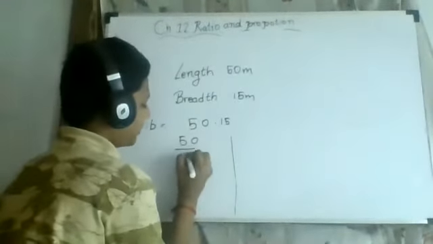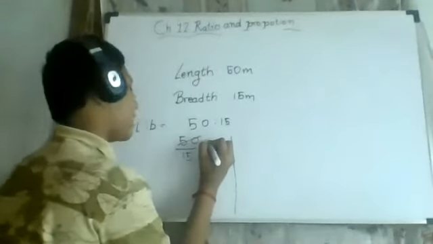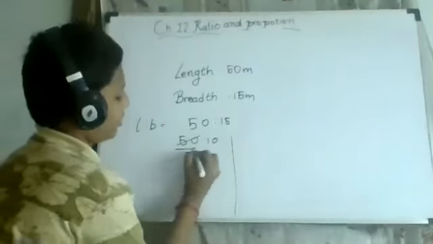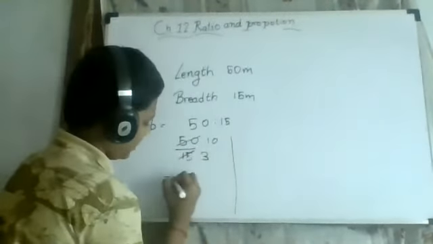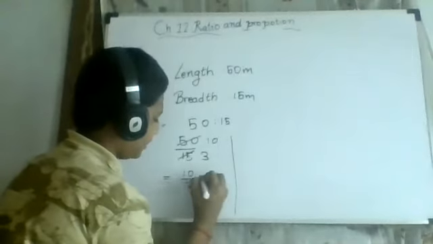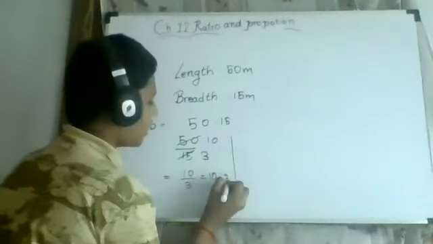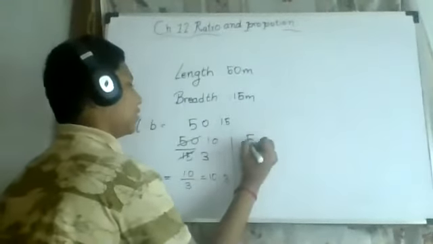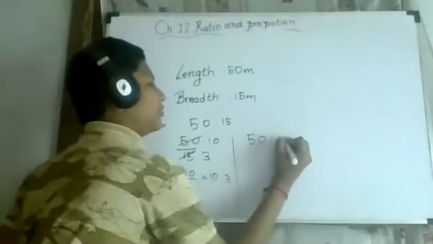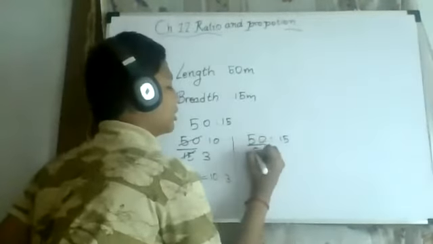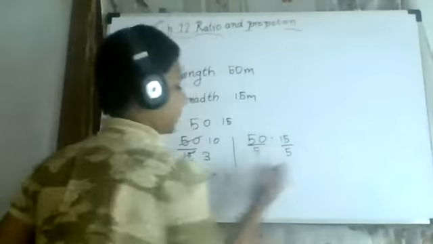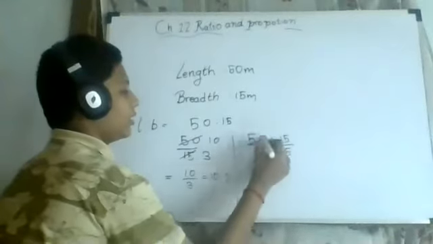The one method is converting to a fraction. 5 tens are 50, 5 threes are 15, that is 10 by 3, 10 is to 3.